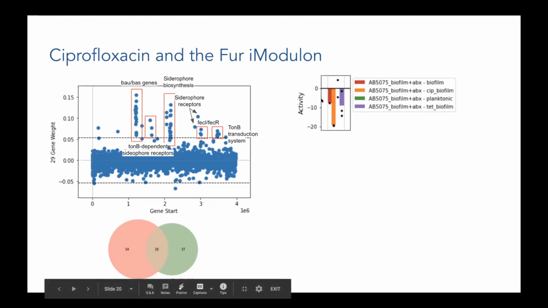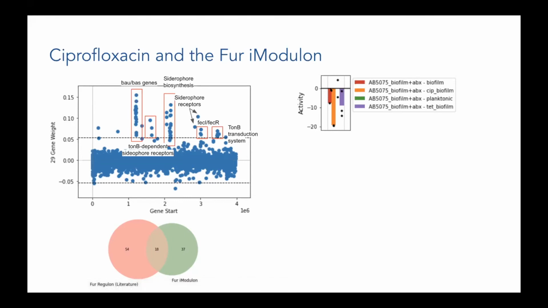When we found a data set that treated the cells again with ciprofloxacin, we see that the fur activity goes very far down. All of these genes are repressed when we treat A. baumannii with cipro.